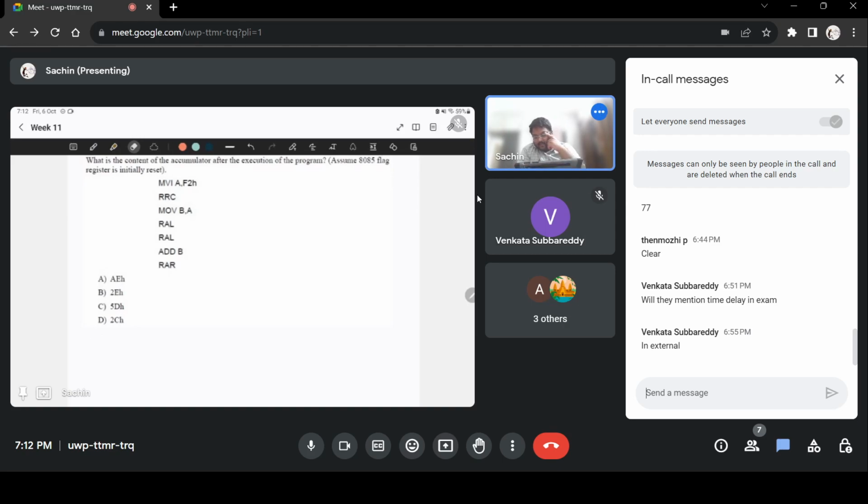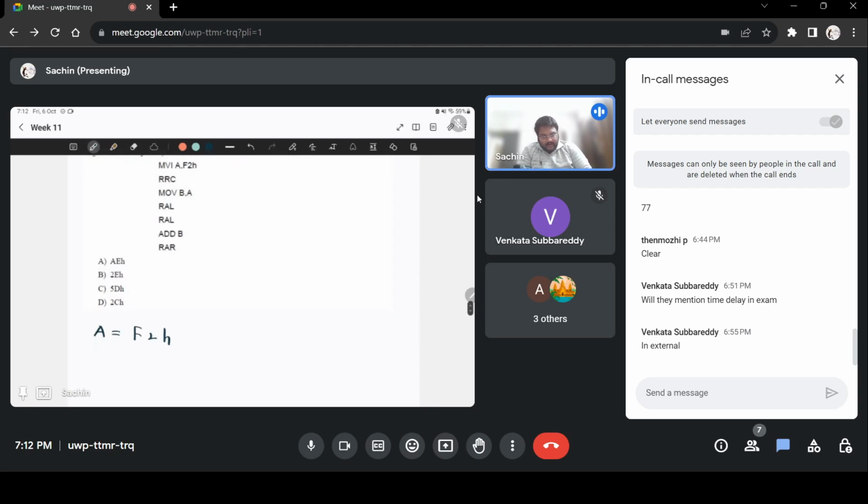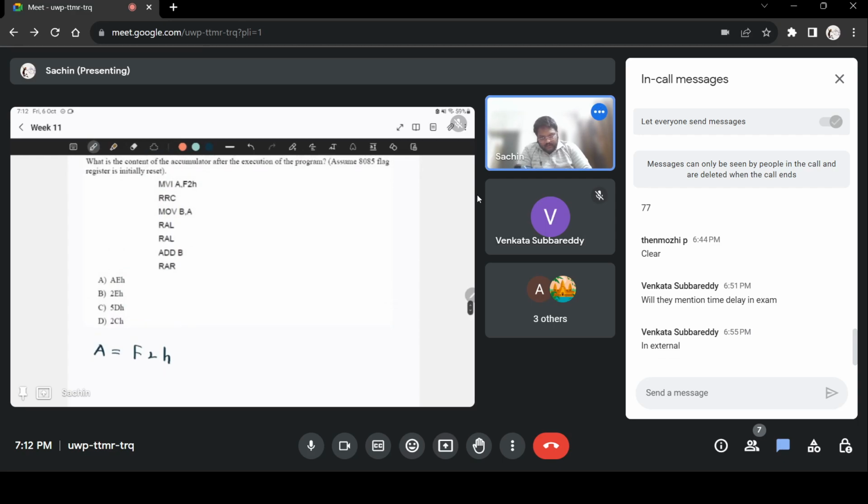MVI A, F2H. So your accumulator is F2 in hexadecimal, because MVI will move the immediate data F2H to the accumulator A.